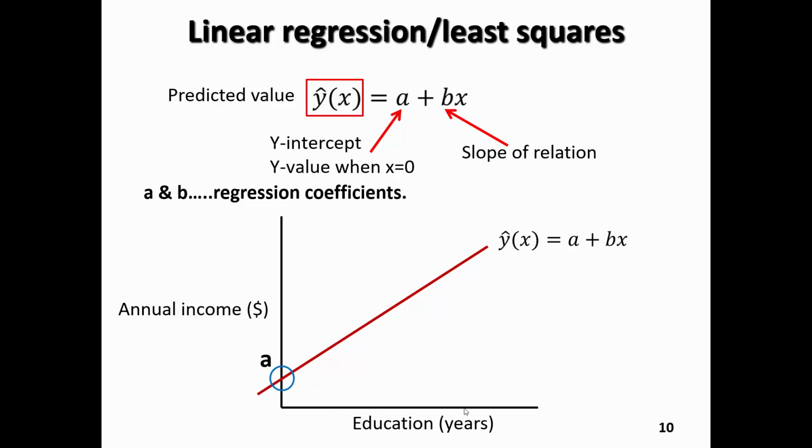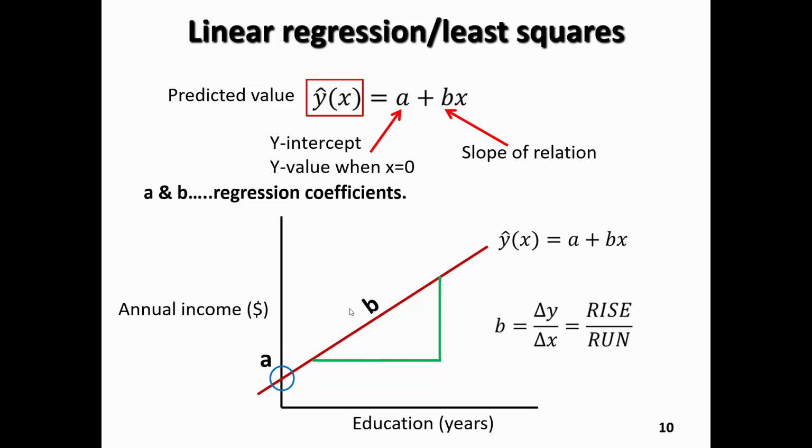No matter where you look on the x-axis, a is always going to be this particular value in the equation. The other coefficient here, the b, is the slope of the line. And the slope of the line is quantified in this depiction simply as the rise over the run, so the change in y divided by the change in x.